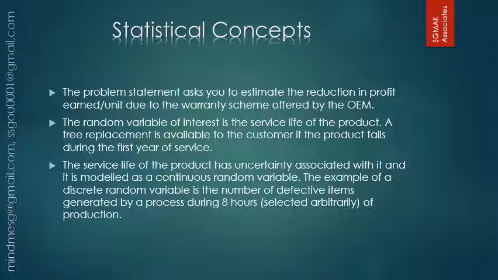And what you're looking at here is the number of defective parts generated over an 8-hour period. If I focus on different 8-hour runs, the numbers will be different because of the uncertainty associated with the process output. You are looking at a random variable, the number of defective parts in an 8-hour period, which is discrete in nature. So the current problem is dealing with a continuous random variable.